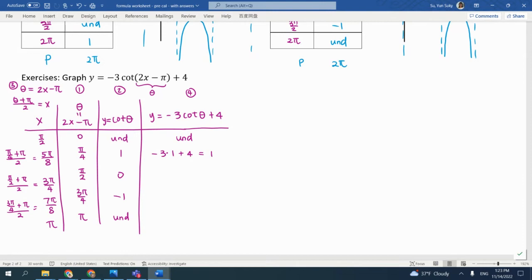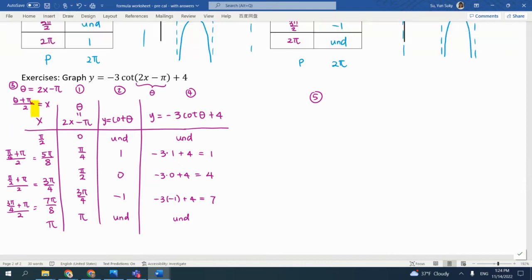Right? When you plug in 0, what do you get? 4. See, -3 times 0 plus 4 is 4. When you plug in -1, what do you get? 7. And when you plug in undefined, it's undefined.